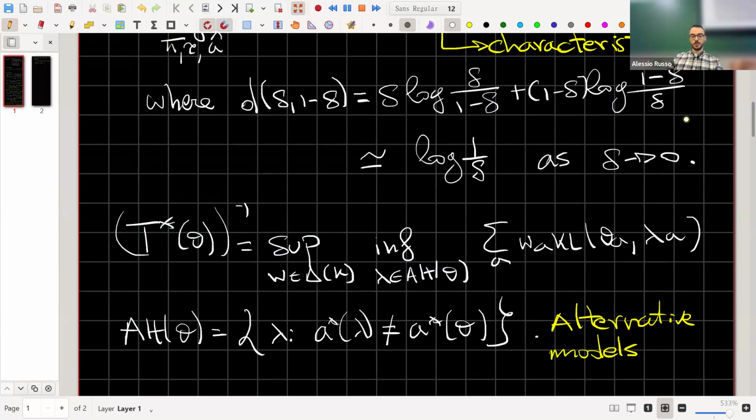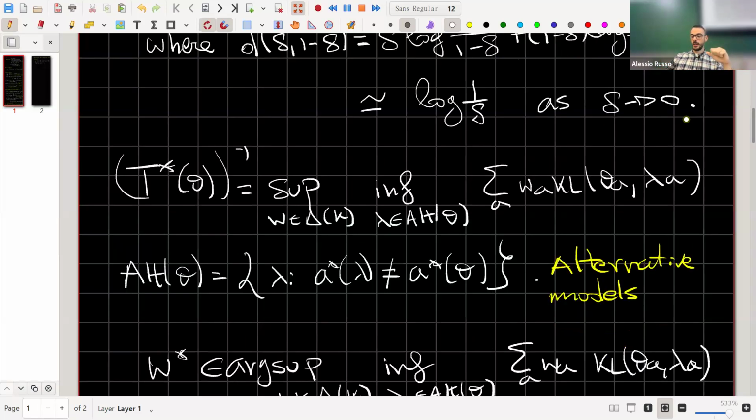In this optimization problem, we are taking a supremum over W that belongs to the simplex of dimension K. W represents a distribution over arms, and an infimum over alternative models of this expected log likelihood ratio. Here the alternative models are the models where the optimal arm is different from the optimal arm in the null model theta. This will become handy today when we derive the delta correctness proof.